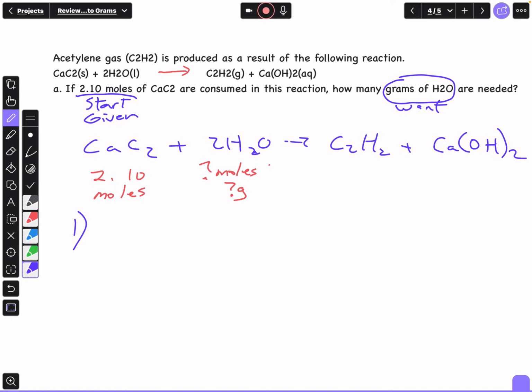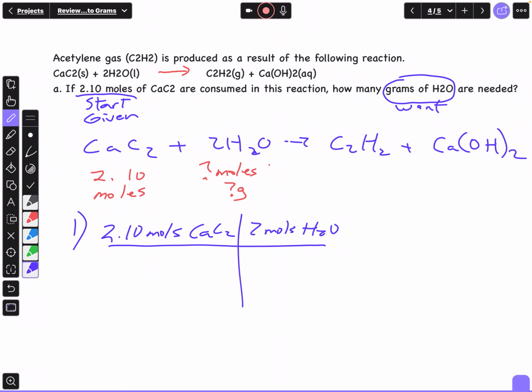Now I can do that two different ways. I can say, well, I have 2.10 moles of CaC2. I can put that over 1 and set up a conversion factor. If I'm going to moles of H2O, I will need to put 2 moles of H2O on top, because my balanced equation tells me it's a 1 to 2 ratio.